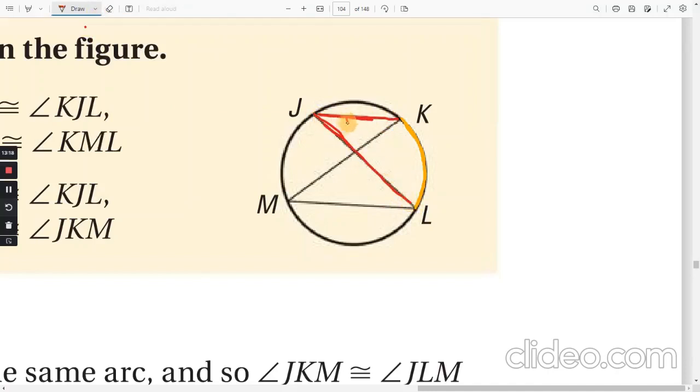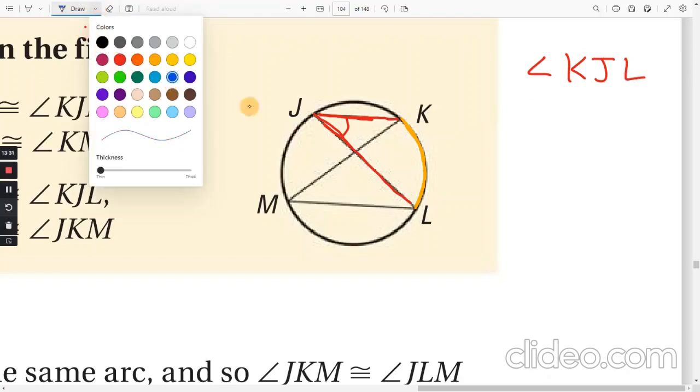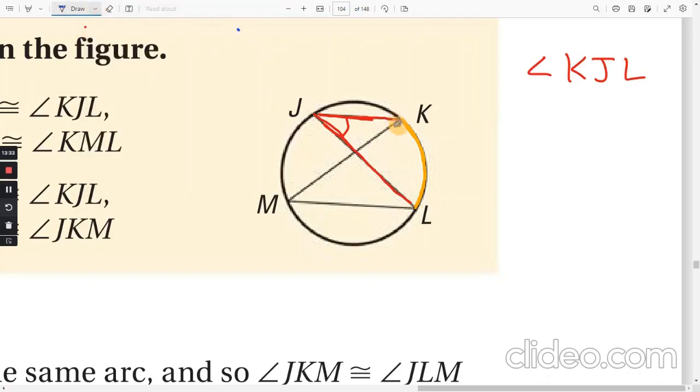This angle right here is KJL. And the other angle is going to be KML. That's this angle right here. So they both intercept the same arc. So we have KJL and KML.